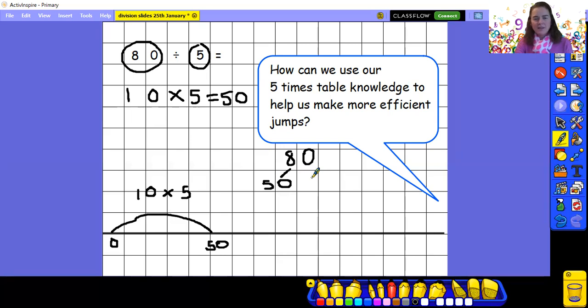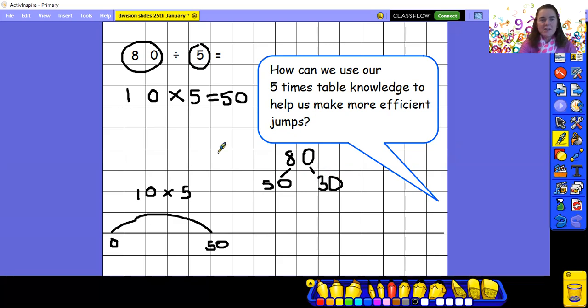What have I got to add to get up to 80? Well, let's find out. Let's start with 50 and count up to 80. So let's find the difference. 50, 60, 70, 80. So 3 lots of 10 is 30. So I need to add 30. So if you know your 5 times table quite well, you might know what makes 30. How many 5s make 30?